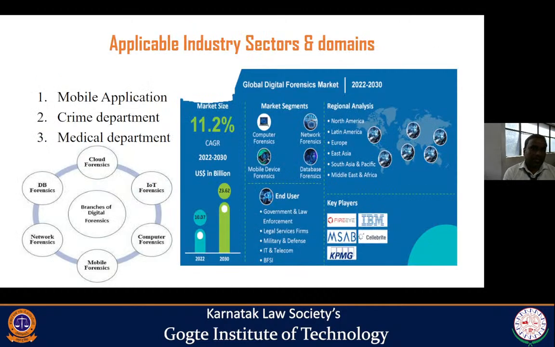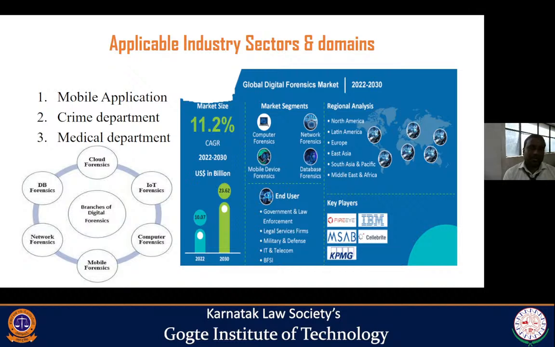Now you can see here in the industry sector and domain, it's required for mobile applications. The main thing is the crime department. The third one is the medical department, and these are also the branches of digital forensics. They use cloud forensics, IoT, computer, mobile and network forensics. These are the applicable industry sector domains in the market.